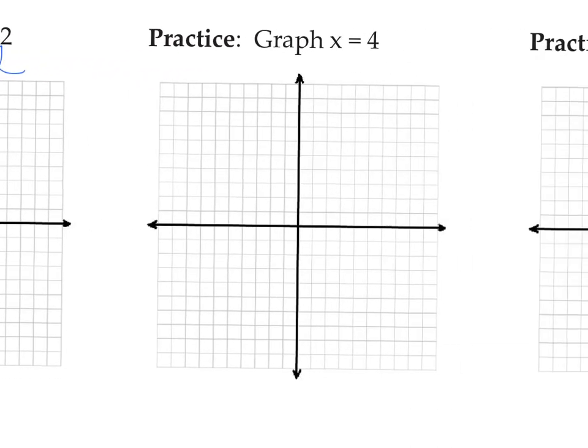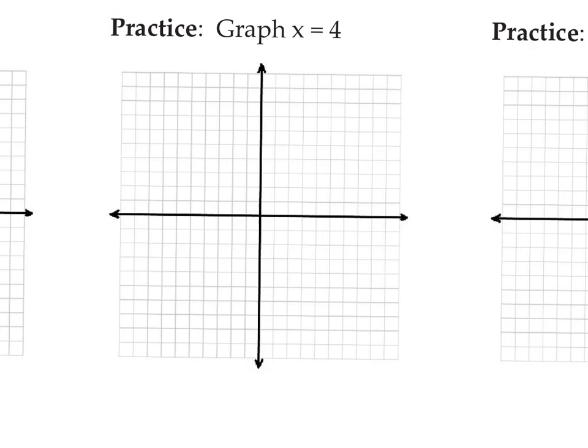On the next graph, we're going to practice graphing x equals 4. So we're going to go to 4 on the x-axis, and we're going to make a vertical line. This is the graph of x equals 4, and the slope is undefined.